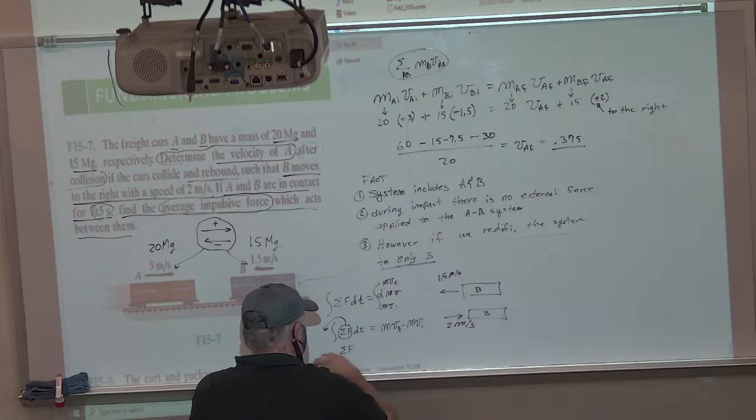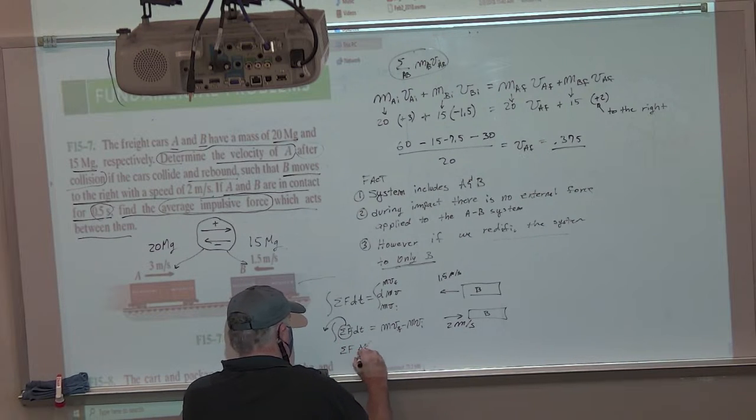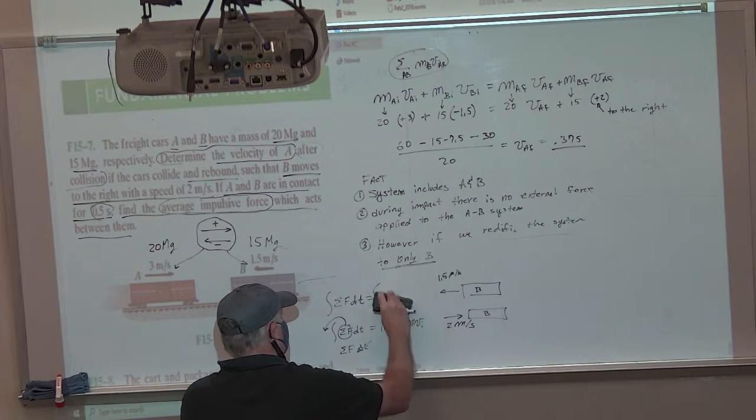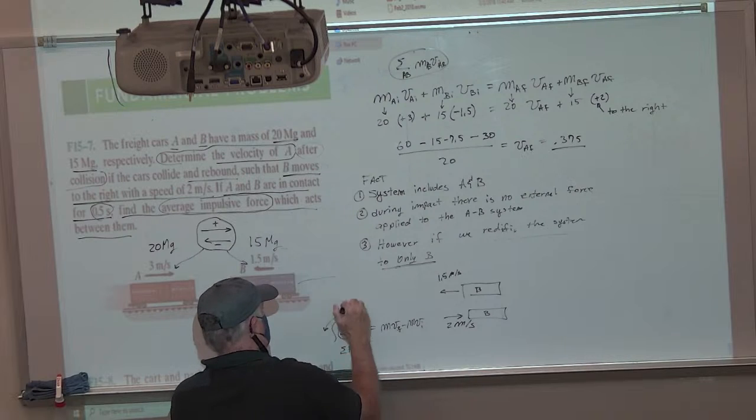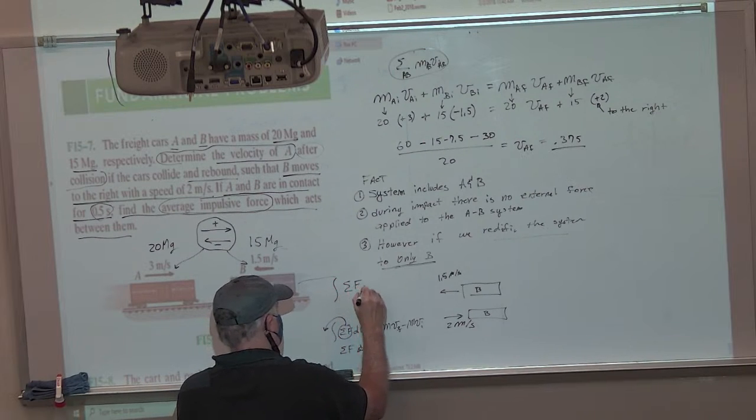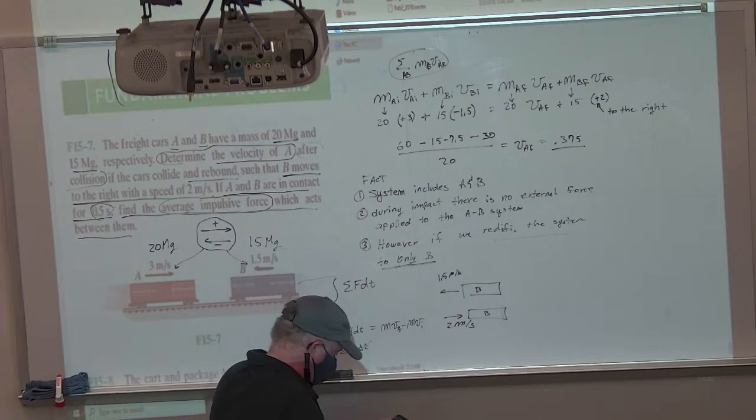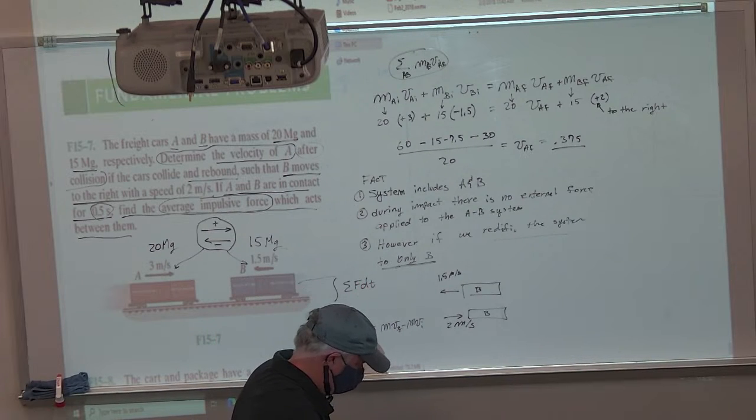So this means delta t would equal a half. Here, let me move this up one. Let me look on the stream and see if this is viewable.